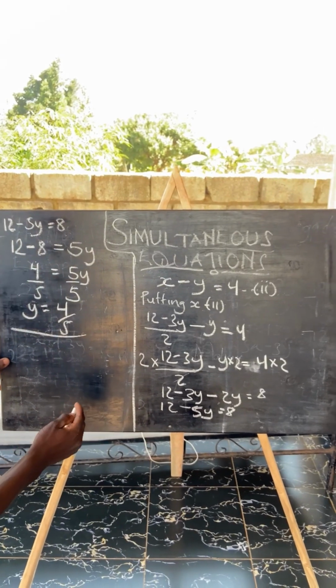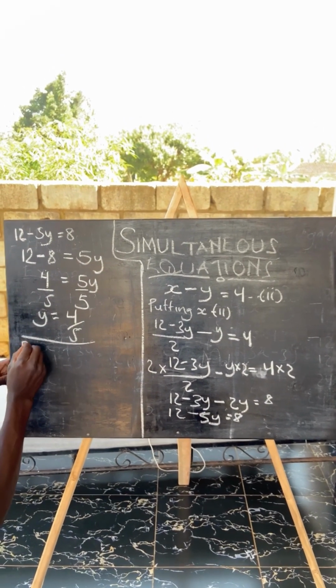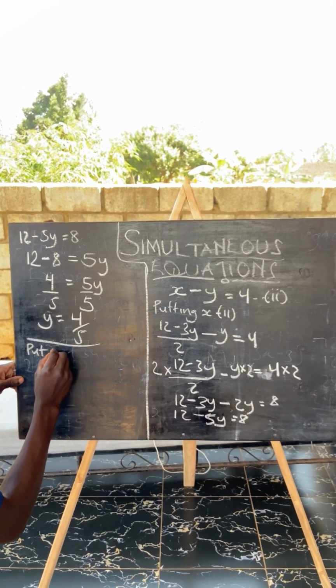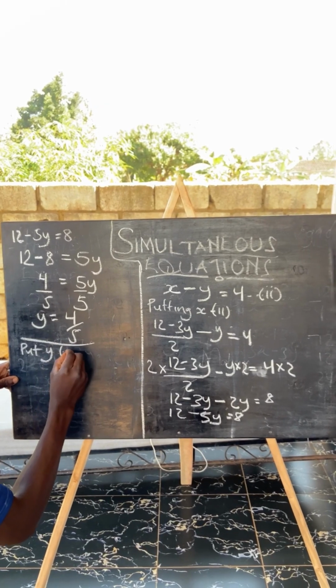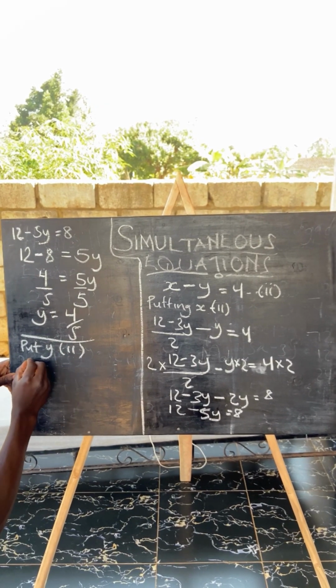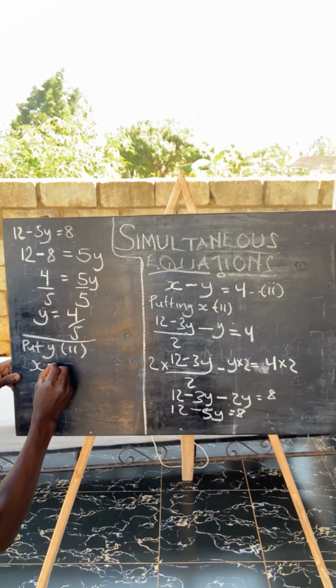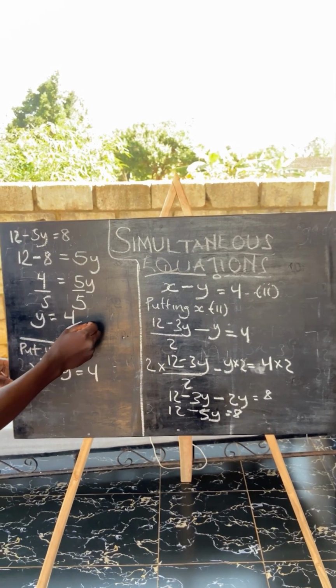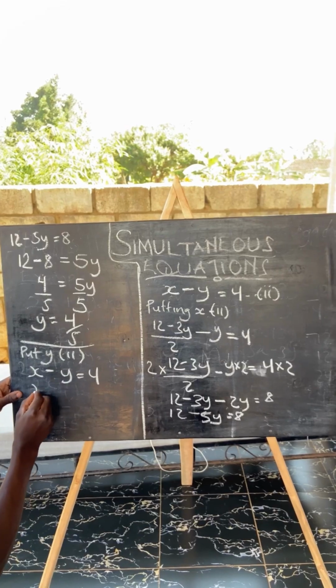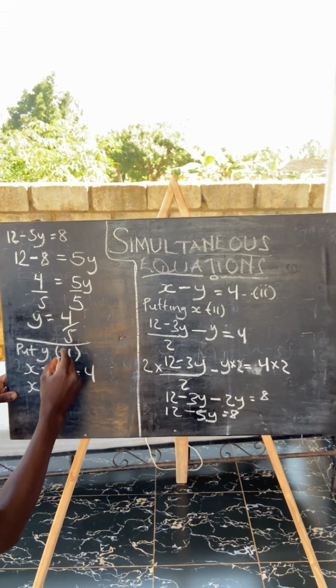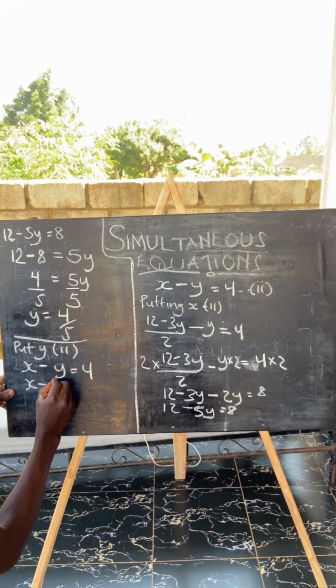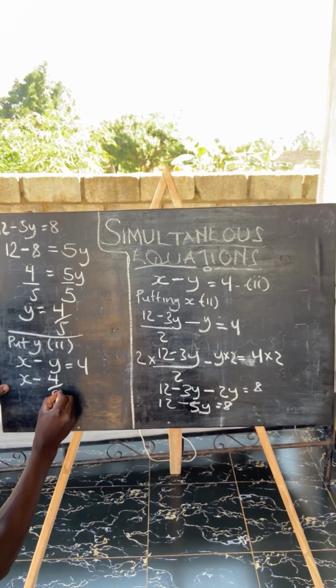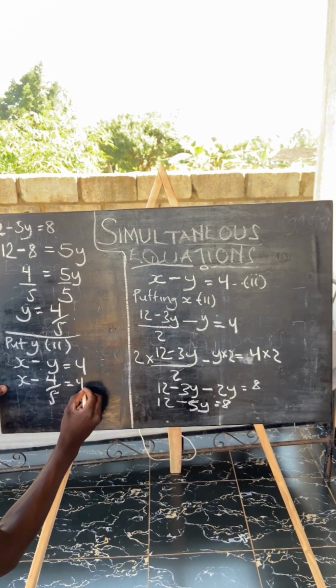So let's put y in equation 2, which was x minus y equaling to 4. So we've obtained our y. So x minus our y, which is 4 out of 5, equaling to 4.